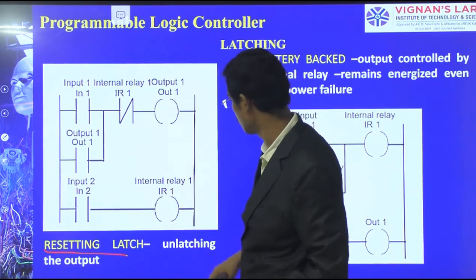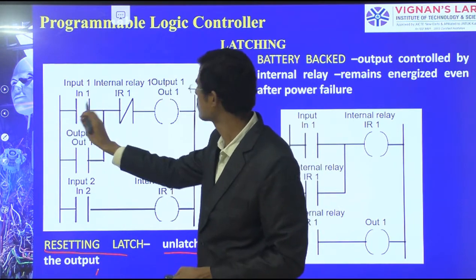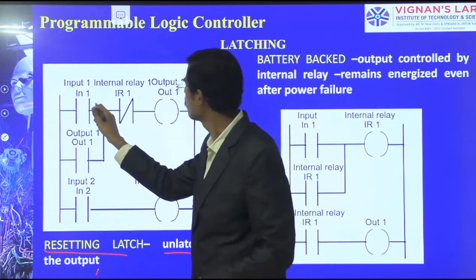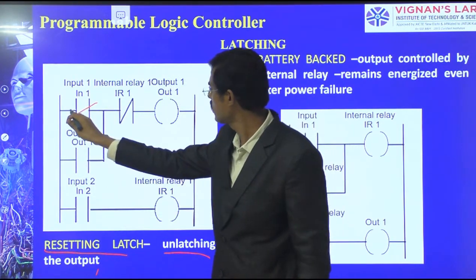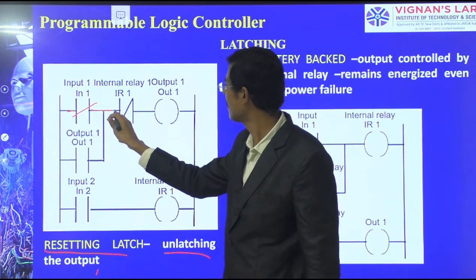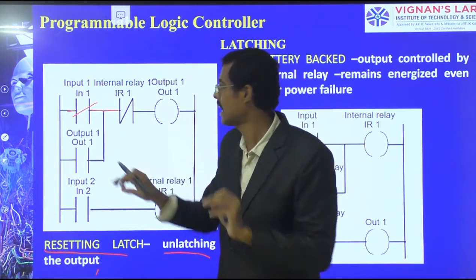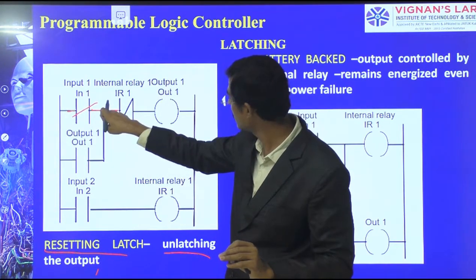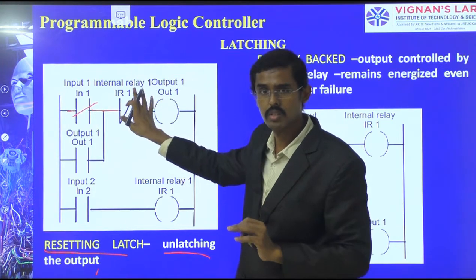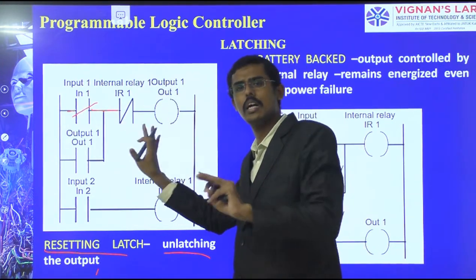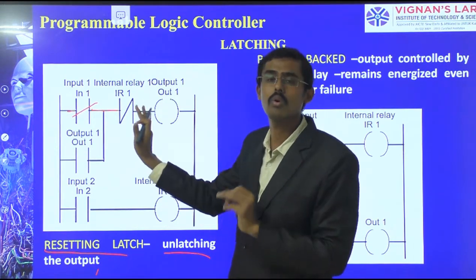What I am doing now is unlatching the outputs, resetting. Input 1 has been started. You see, I am starting input 1 here and giving the input. Now this input is activated and keeps traveling, and here the internal relay is not activated, I have not touched it, it is inactive. The internal relay is in the nil position, which is already the normally closed state.